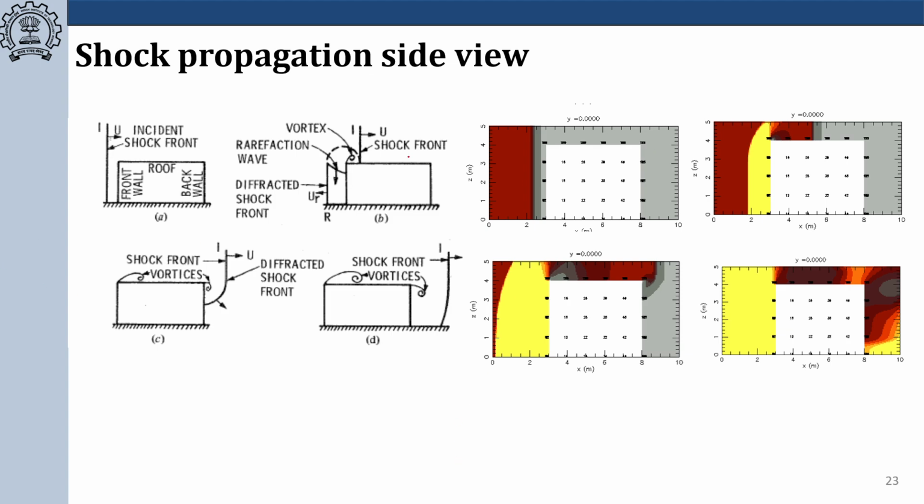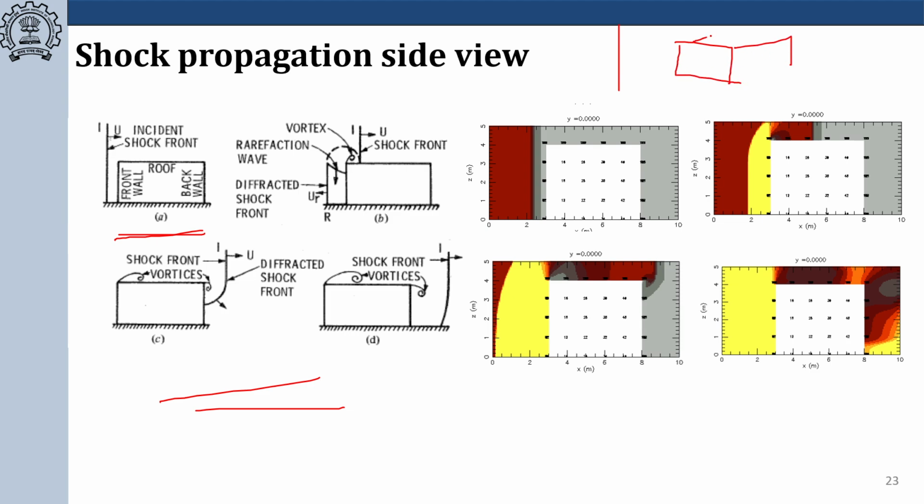So coming to the shock propagation, I think sir has discussed this in side view. Did sir discuss? Okay, let me discuss. In our previous case we considered a three-dimensional structure.